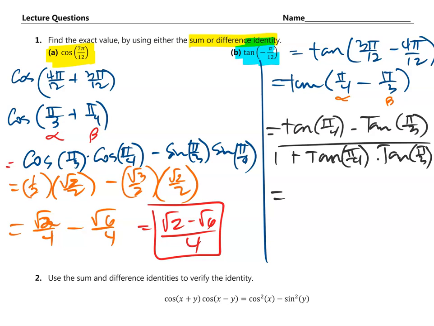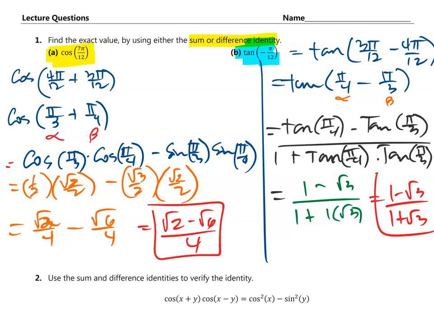And what is tangent of pi over 4? That is equal to 1. And tangent of pi over 3 is square root of 3. So 1 plus 1 times square root of 3 is equal to 1 minus square root of 3 over 1 plus square root of 3.